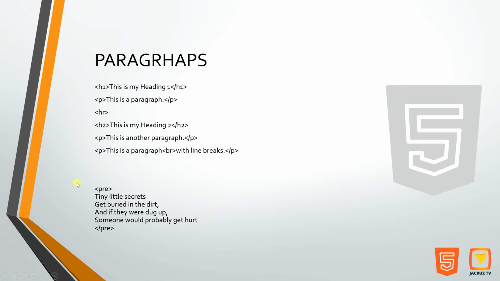So now, if you will ask me what is the output of this one, basically when we use the pre tag, automatically the way you type those paragraphs, those words, it will show you the same way. So for example, this one, if we run this tag, tiny little secrets, then space, get buried in the dirt, then space, and so on.